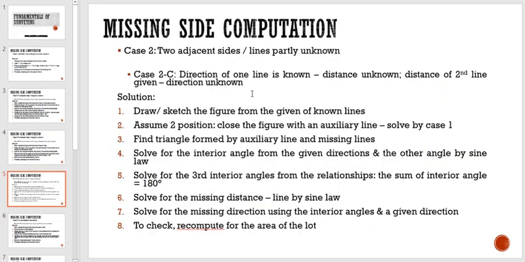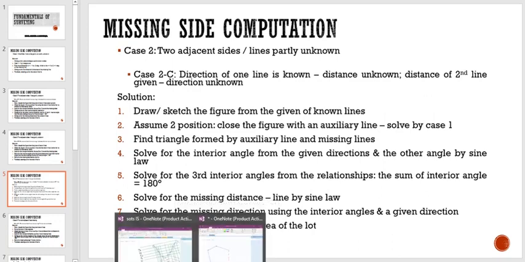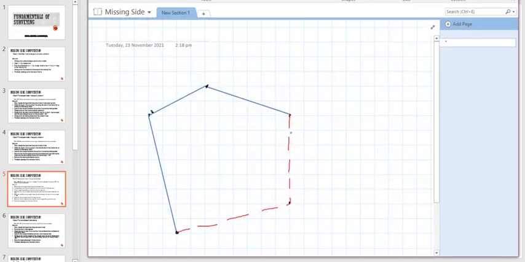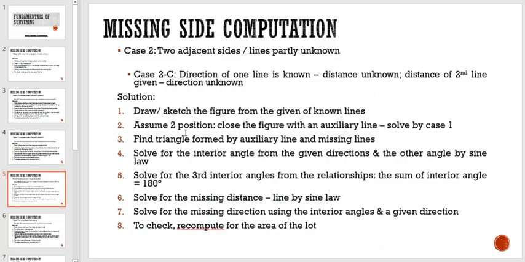Or sa case C, direction of one line is known, or pwede pod na ang isa ka bearing given, ang isa wala. So that is case 2. Pwede siya mahitabo sa per sub cases.